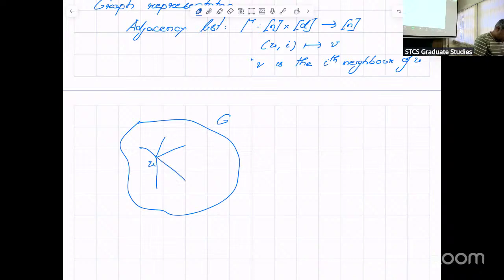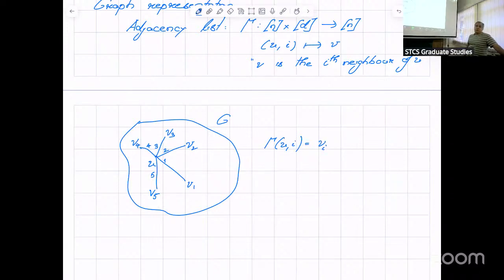Let's call the neighbors V1, V2, V3, V4, and V5, consistent with what I said. So in particular, gamma u of 1 is V1, and more generally, gamma u of i is Vi.